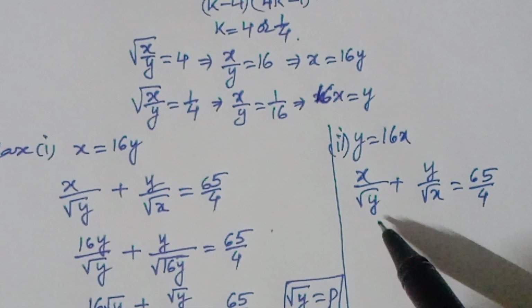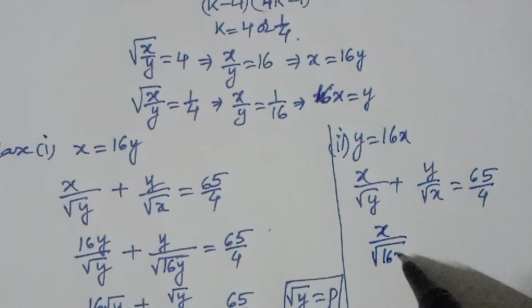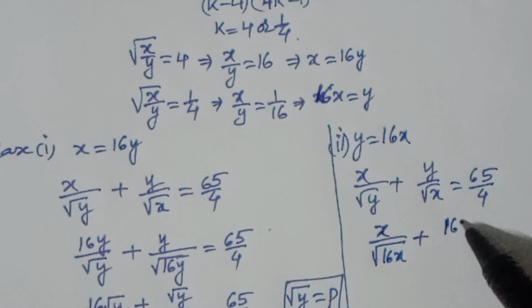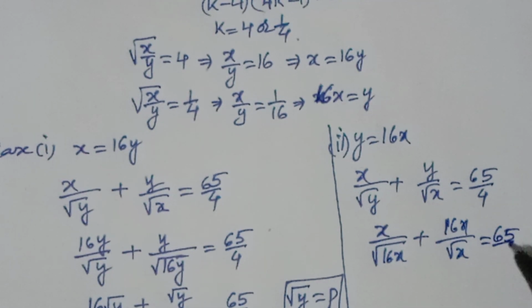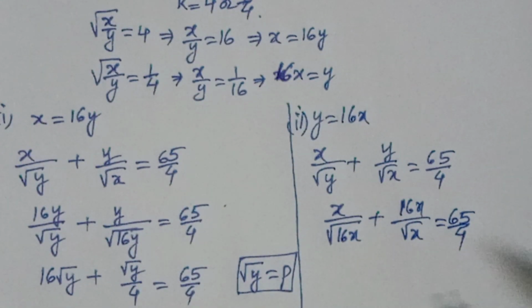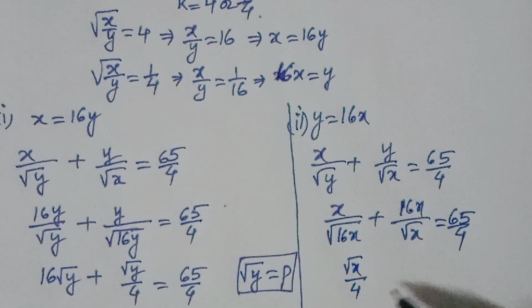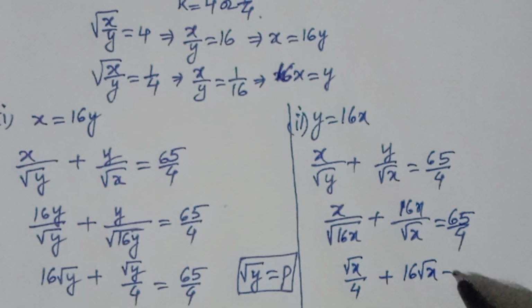So x by root of 16x plus y, that means 16x by root x, is equal to 65 by 4. So here we get root x by 4 plus 16 root x is equal to 65 by 4.